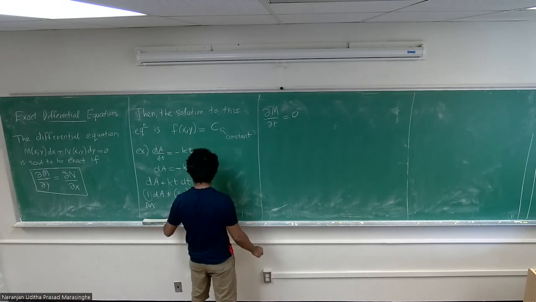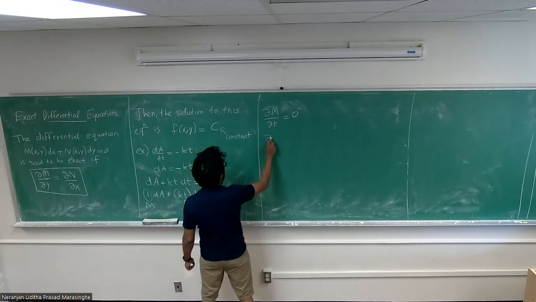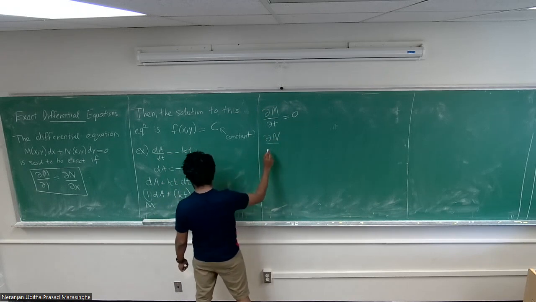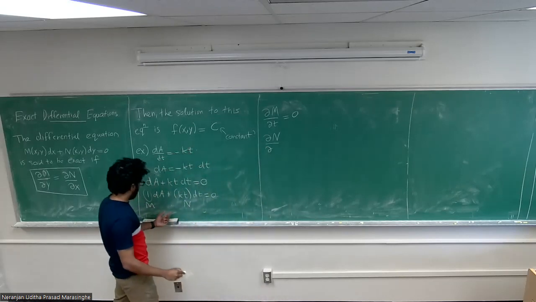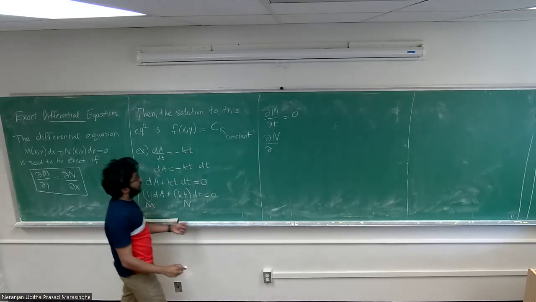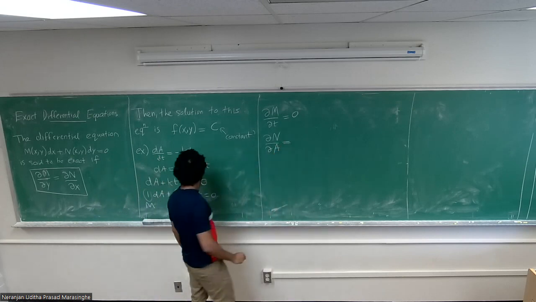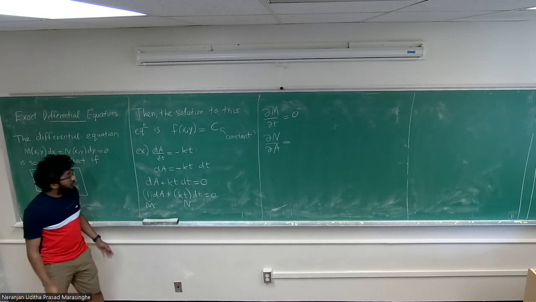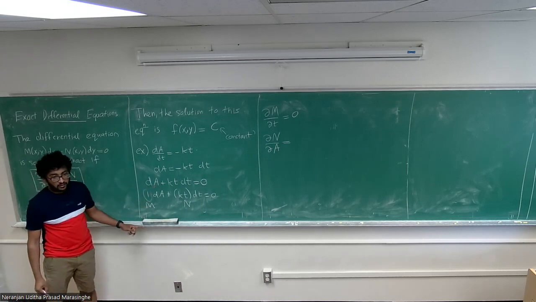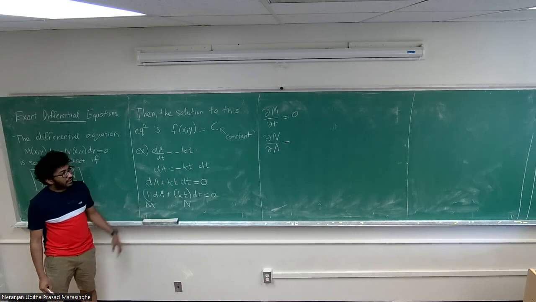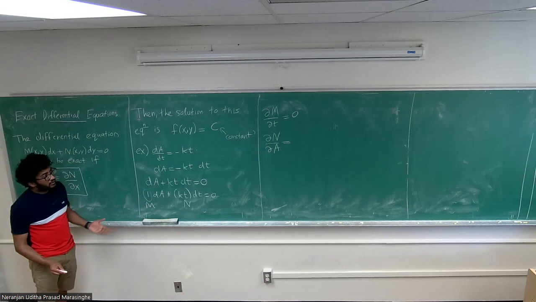And what is the partial derivative of N with respect to A? What can I say about this? Now, A is a function of t. What can I say about the partial derivative of N with respect to A?